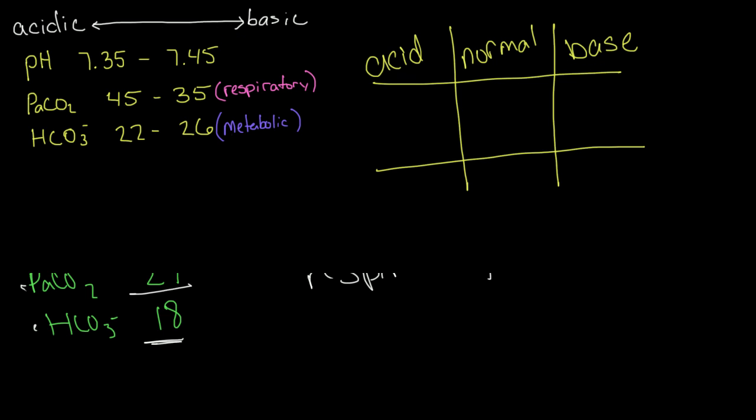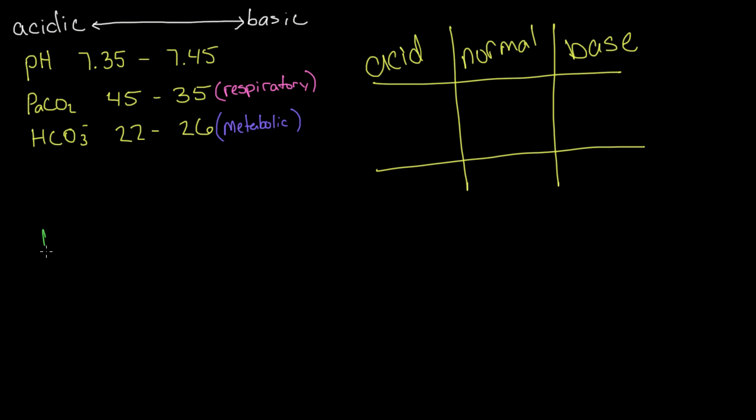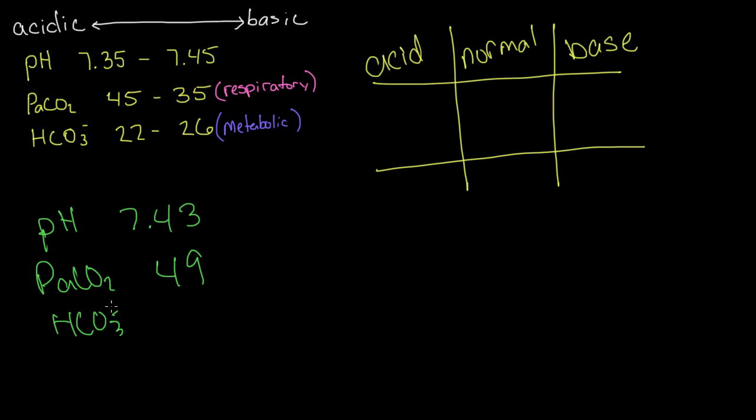Okay, we have one more problem here we can do. Let's say we have a pH of 7.43, a PaCO2 of 49, and an HCO3, a bicarbonate, of 31.